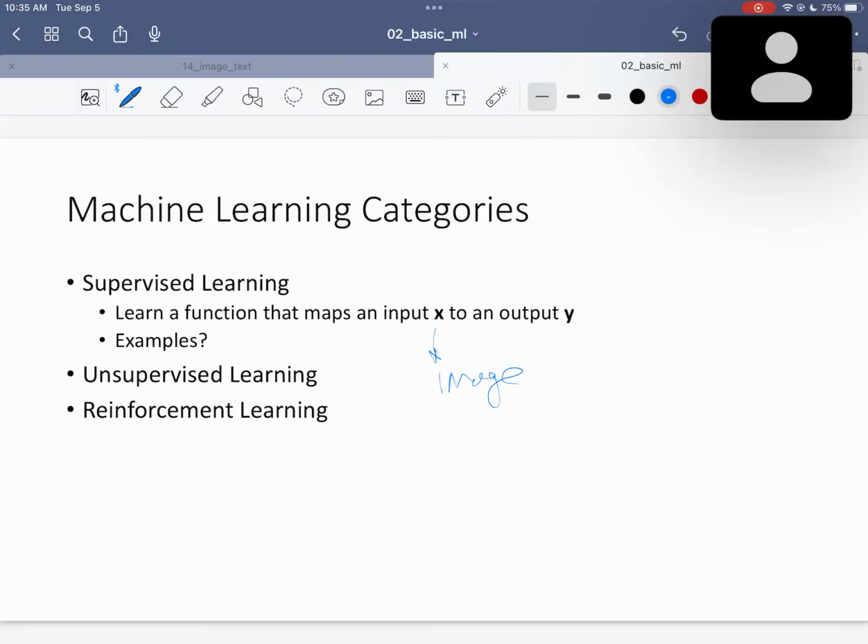And y is, for example, if we're classifying an image into dog or no dog, a binary classification, then the output space y consists of just 2 elements, dog or no dog. The space of images is basically infinite.